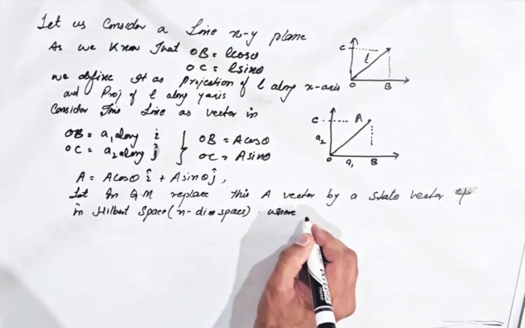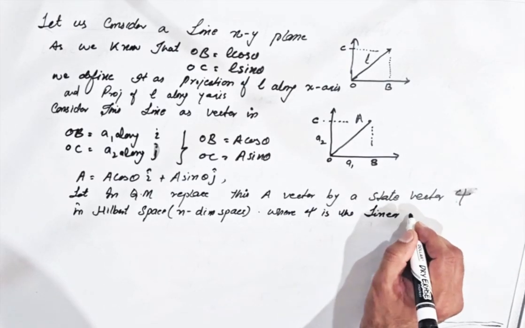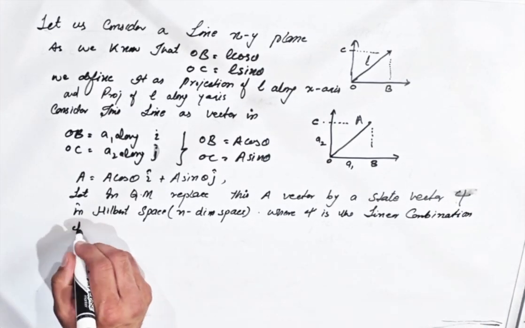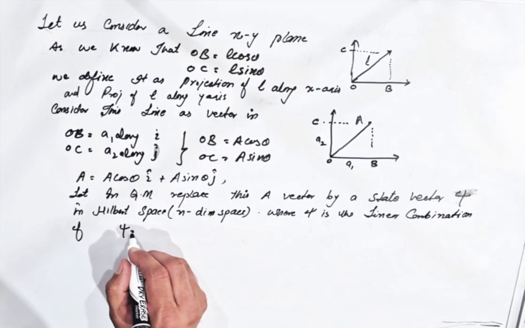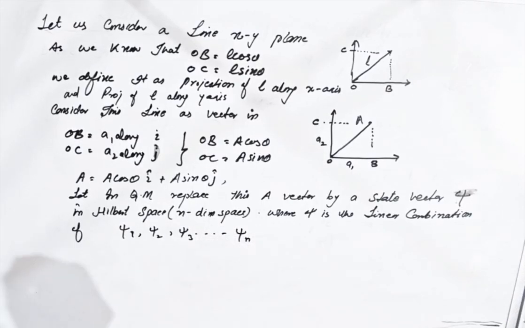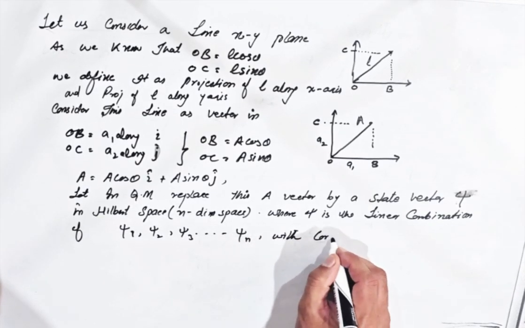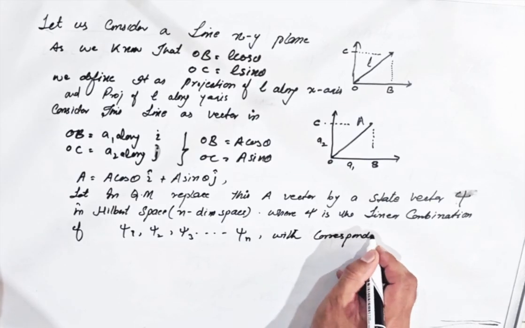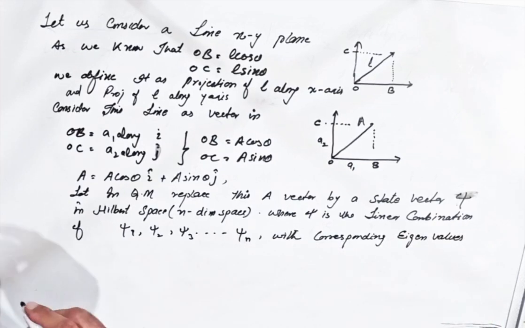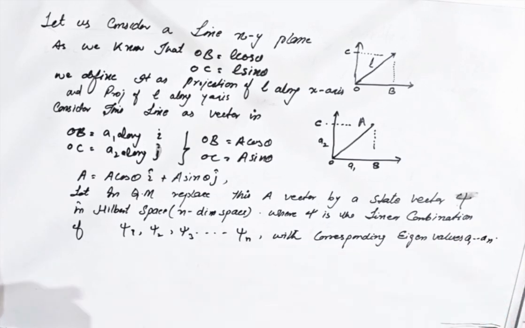Where function psi is the linear combination of psi 1, psi 2, psi 3 up to psi n, with corresponding eigenvalues A1 up to An.